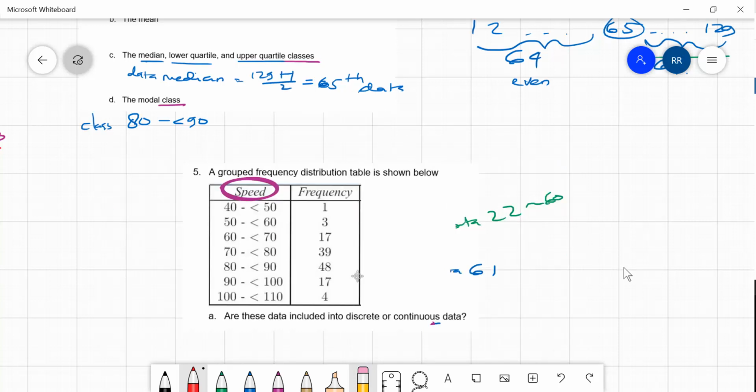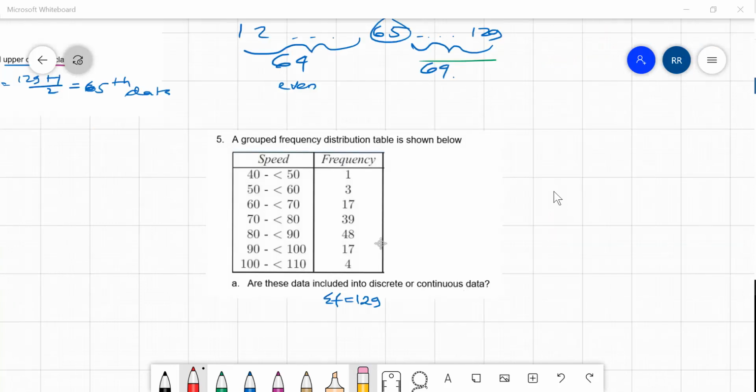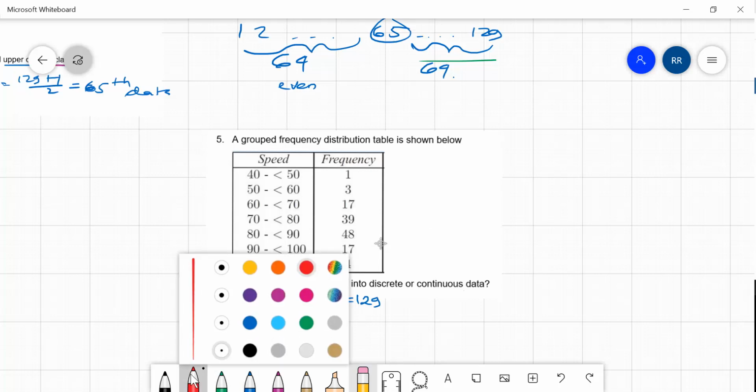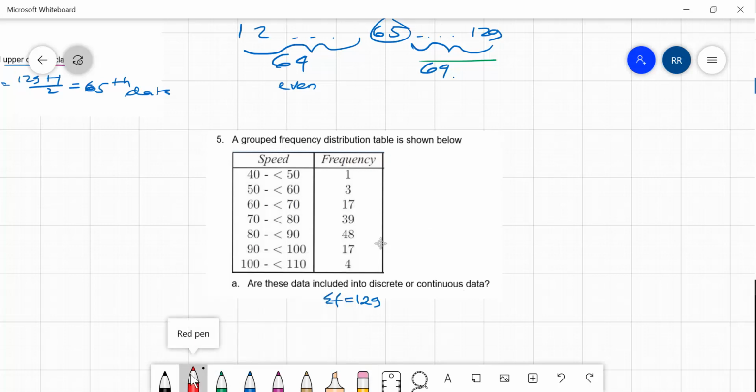Okay, so to find the mean, if it is a group frequency distribution table, you know that you have to use the fx, right? What you did for number 2, like we have this fx. But the question is, what number should we multiply by 1? Is it the 40 or is it the 50 or other numbers? We don't really know how to do that.